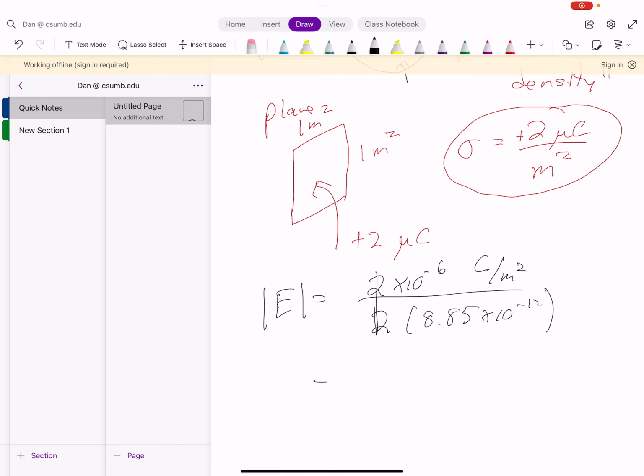And so that's going to give me that the electric field strength outside of the plane is 10 to the minus 6th divided by 8.85 times 10 to the minus 12th. Let's see what happens to the units. This is Coulomb squared per Newton meter squared. So let's see what's going to happen here as I start to cancel everything out.